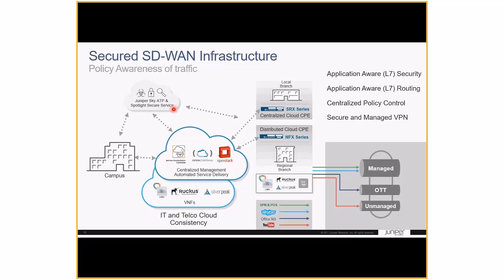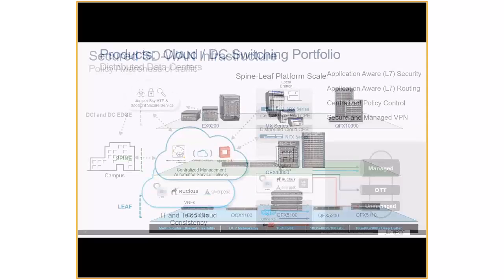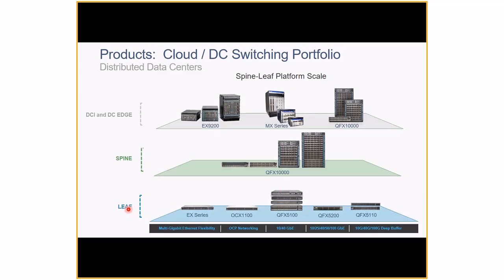And the whole portfolio that we have, I'm not showing the NFX here because I'm kind of sticking to the data center, but at the leaf, we're going to have multi-gigabit ports coming off of EXs. 10 gig and higher will be our QFX product lines. And if you need deep buffers, you can get that with specific series.